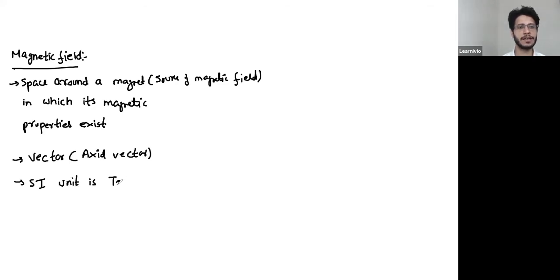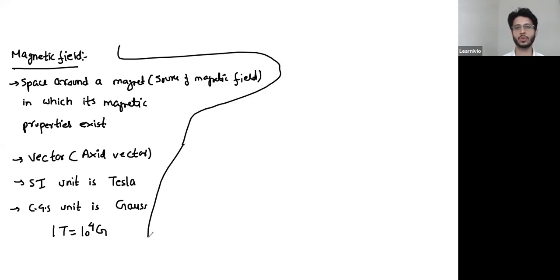Its CGS unit is Gauss. So 1 Tesla is 10 raised to the power 4 Gauss. That's the relation between Tesla and Gauss.